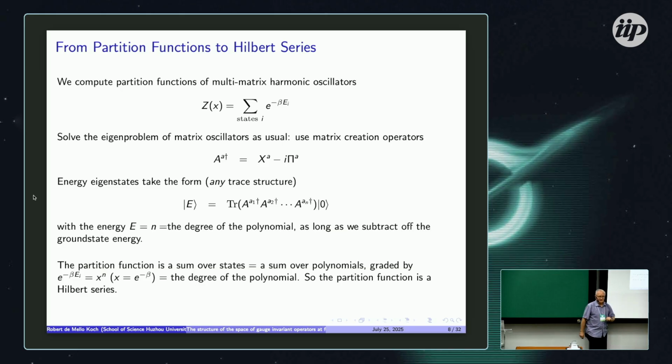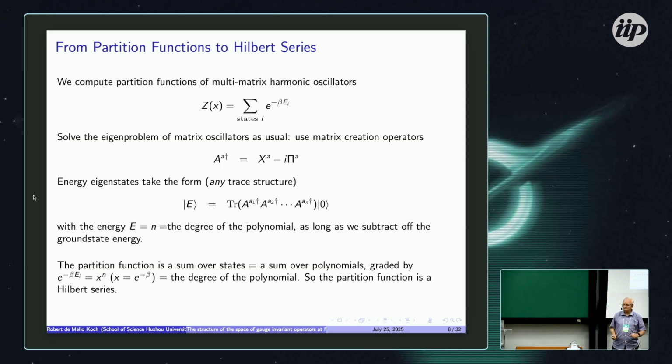But the key point to take from this is that for every eigenstate, there is a polynomial. And for every polynomial, there is a state. So counting the states, what the partition function does, is like counting polynomials. In the partition function, we weight the states by e to the minus beta times the energy. I'm going to subtract off the ground state energy.